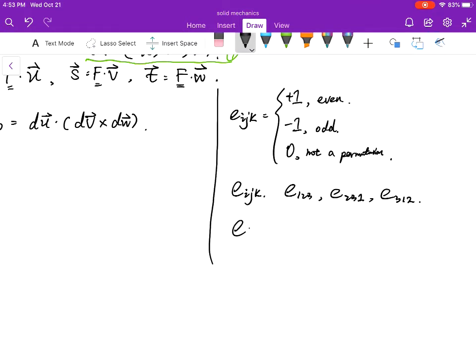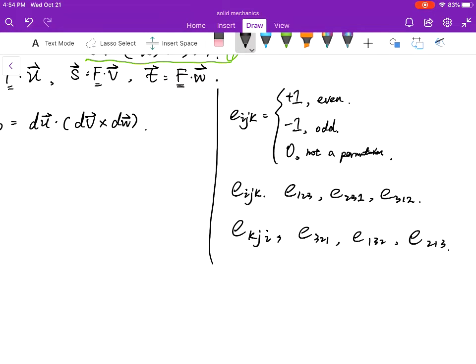Like eikj, that's an odd permutation, and like e132, e321, or e213.